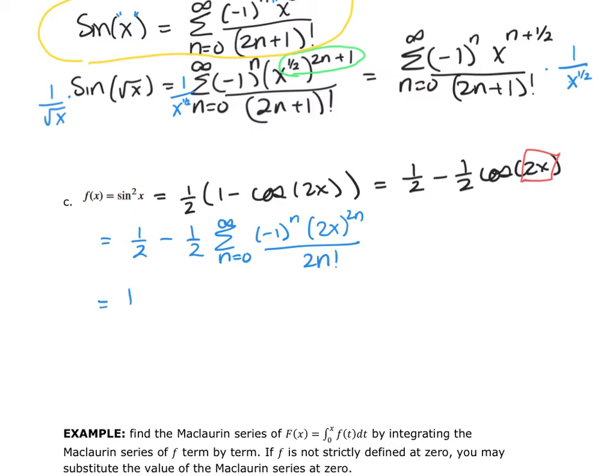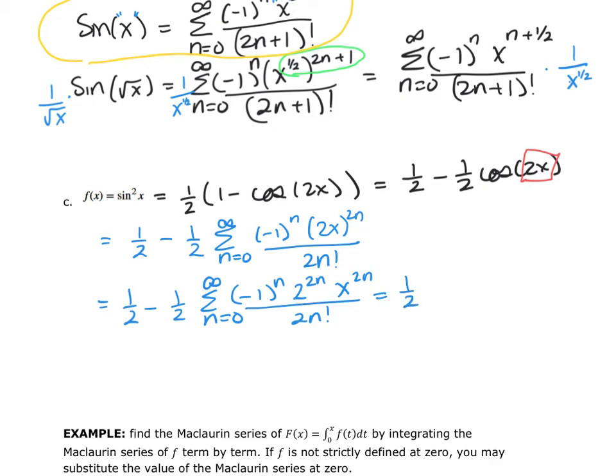So this is going to be 1/2 minus 1/2 the summation of n equals 0 to infinity of -1 raised to the n of 2 raised to the 2n, x raised to the 2n, over 2n factorial. So then I'm going to go ahead and bring in the 1/2, which gives me the 1/2.